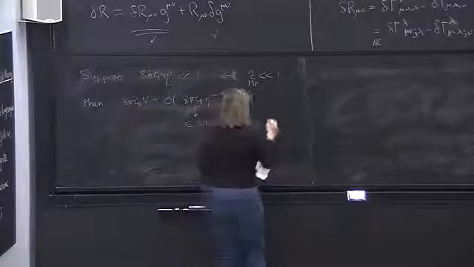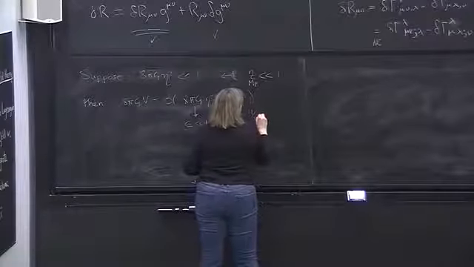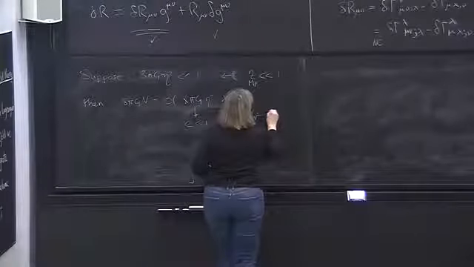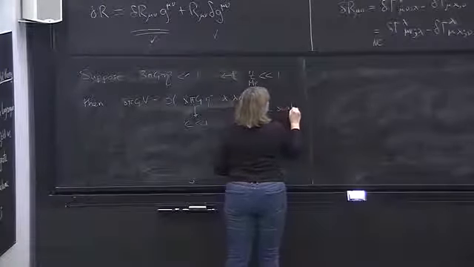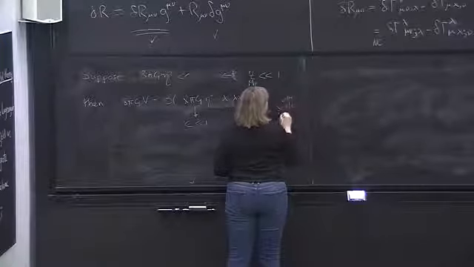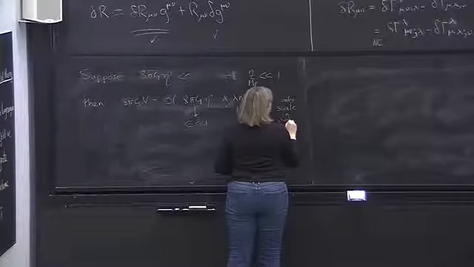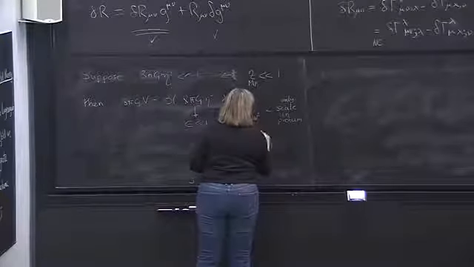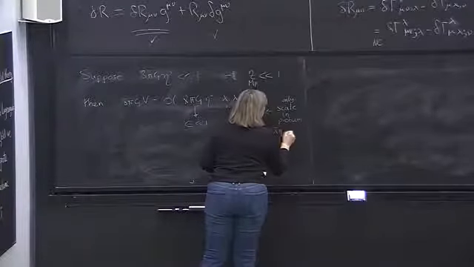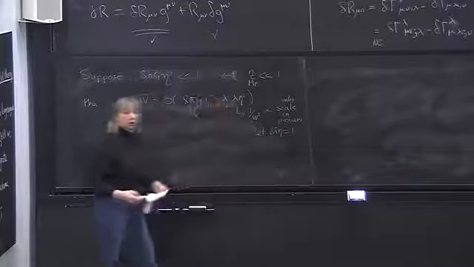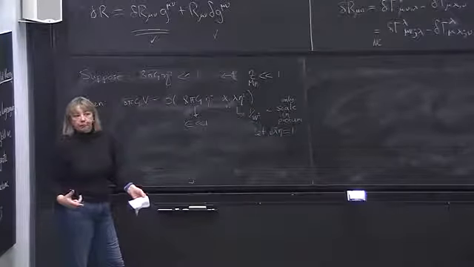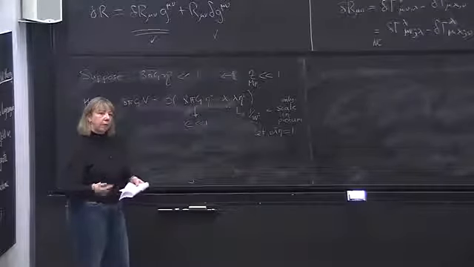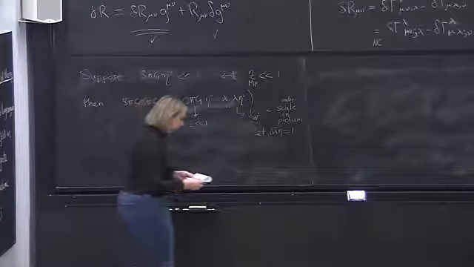This is 1 over the width of the kink squared. So this is a scale, and in fact it's the only scale in the problem, the size of the wall. So I'm going to let root lambda eta equal 1. That's just saying the wall has unit width. I can do that because I haven't yet set my Planck scale to unity.